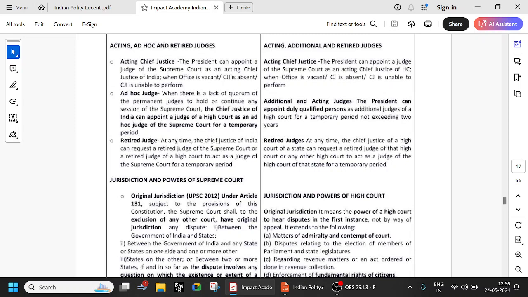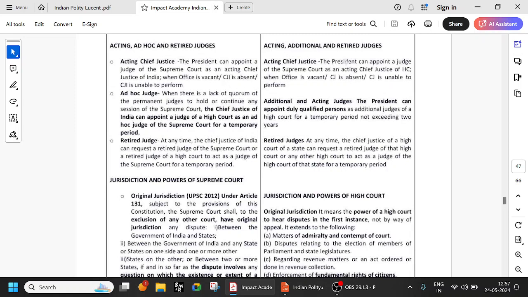Retired judge: at any time, the Chief Justice of India can request a retired judge of the Supreme Court or a retired judge of a High Court to act as a judge of the Supreme Court for a temporary period. So for ad hoc judges and retired judges, the Chief Justice has the power. For the acting Chief Justice, because the Chief Justice himself is not able to perform, the President will appoint.